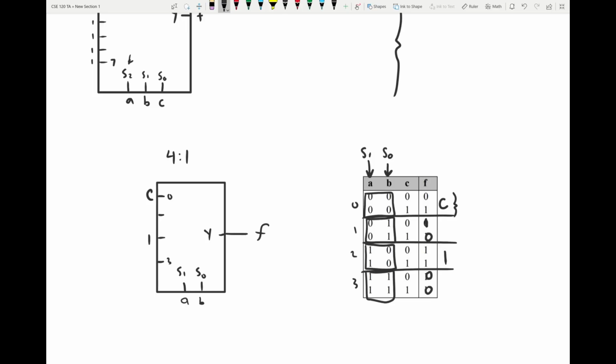But now I have to consider 1 and 3 again. Now, 1 is just the direct opposite of what C is, so we can simply do C naught. And for 3, it's constantly a 0, so we can just put a constant. So on 1, we'll have C naught, and on 3, we'll have 0.